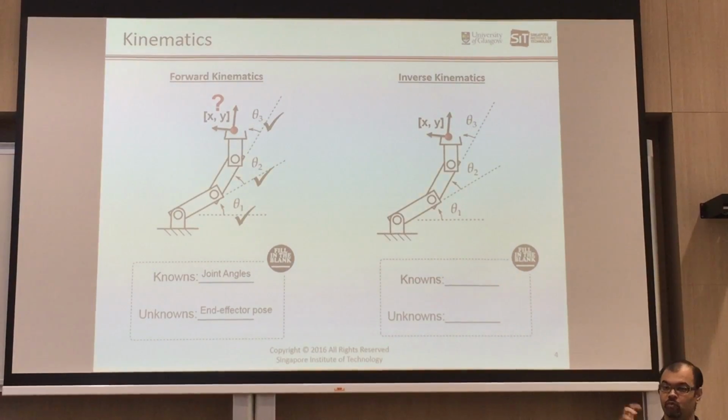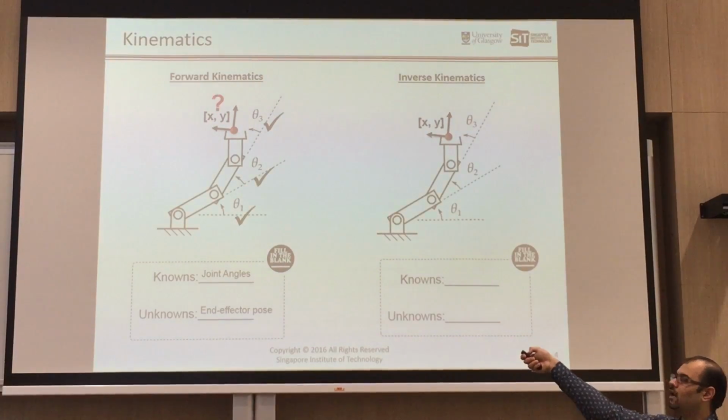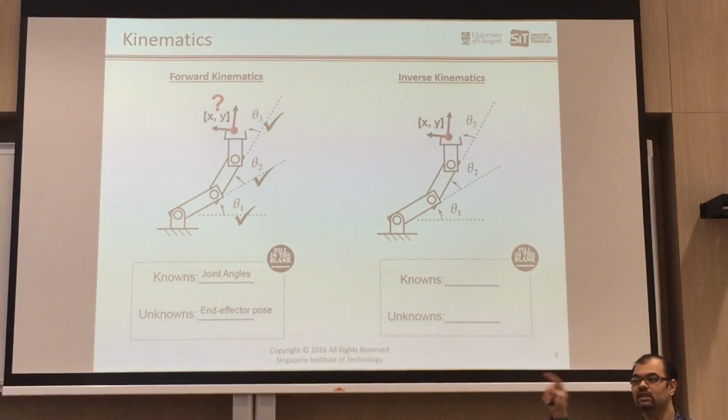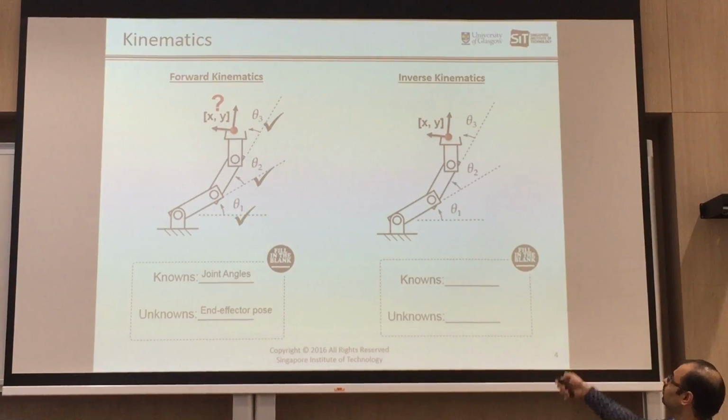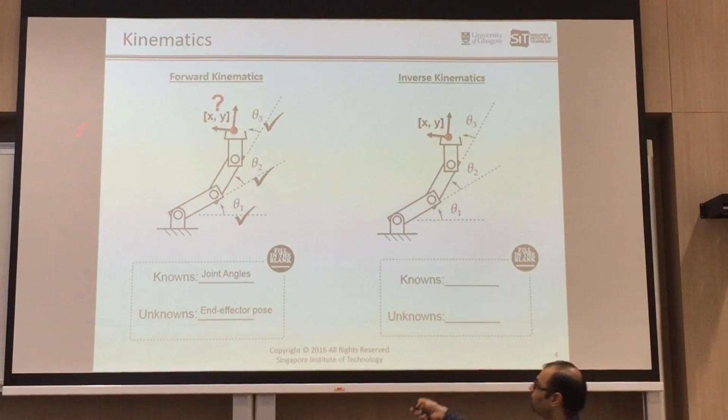If you're going to input, let's say, I want to reach this position, but I need to find out what my theta angle, my joint angles are, then you are doing inverse kinematics.